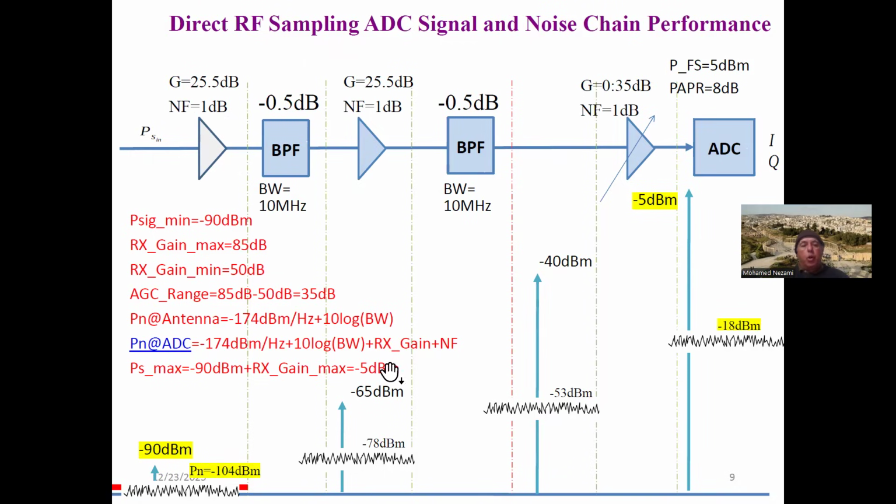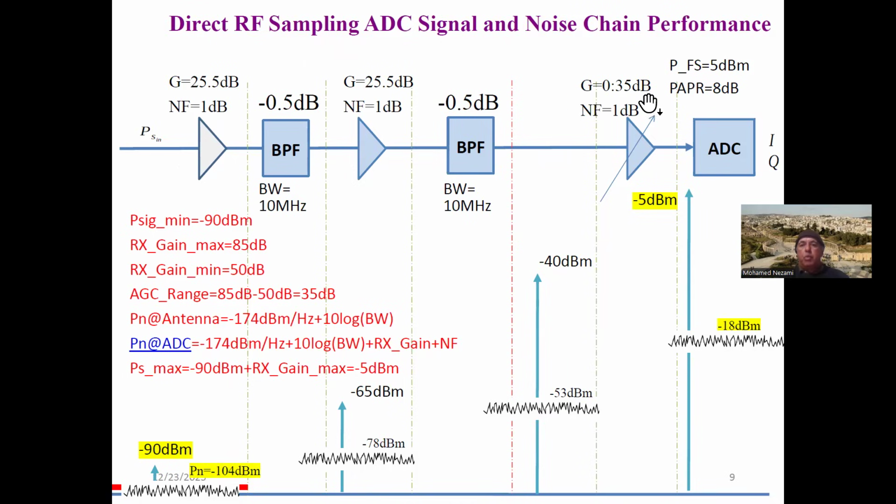Okay, so let's trace the signal and noise level as it propagates from the antenna connection to the ADC. First of all, the maximum gain that you may have in here is really, you've got 50 dB from these two, and you've got 35, so that's 85. That's the maximum gain.